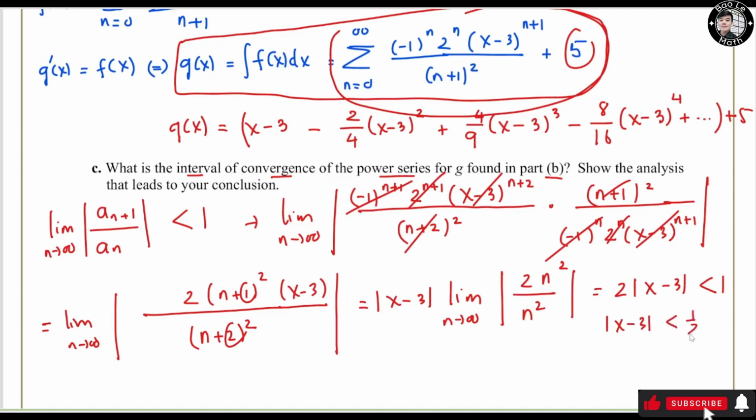We need this to be less than 1, so the absolute value of s minus 3 is less than 1/2. That means negative 1/2 is less than s minus 3, which is less than 1/2. Add 3 to both sides, so 5 over 2 is less than s, which is less than 7 over 2.